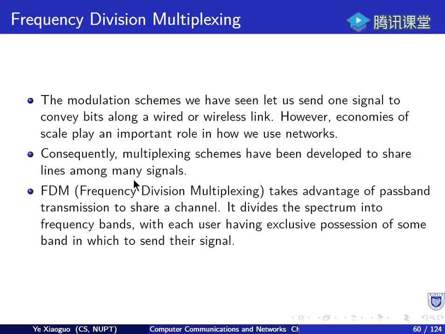That means many signals can be transmitted in a single line, so it helps to improve the efficiency of the physical line. FDM, frequency division multiplexing, takes advantage of passband transmission to share a channel. It divides the spectrum into frequency bands, with each user having exclusive possession of some band in which to send their signal.